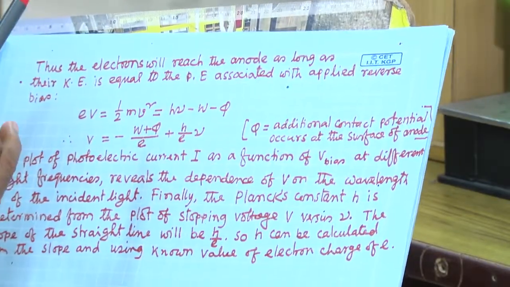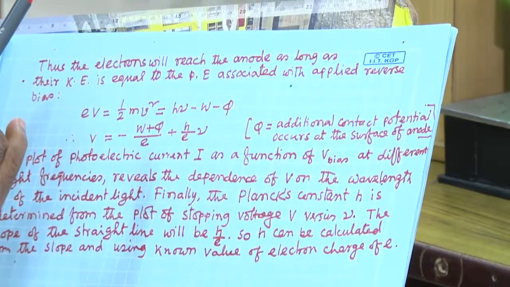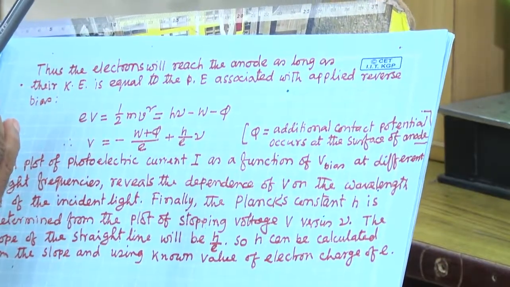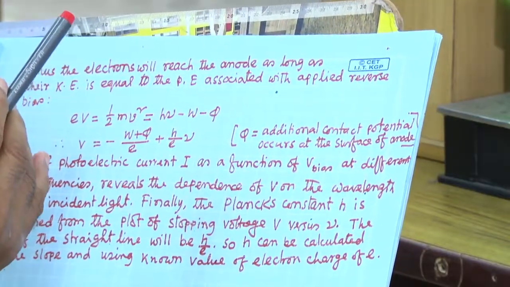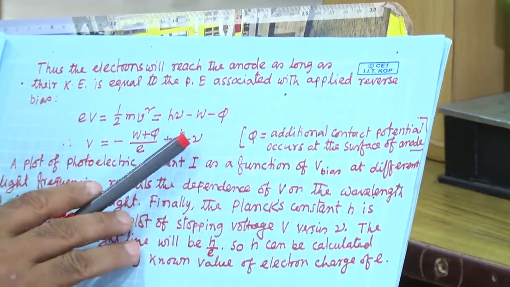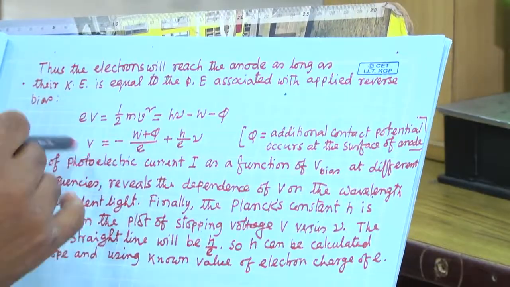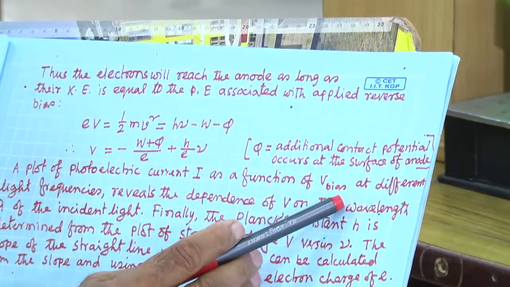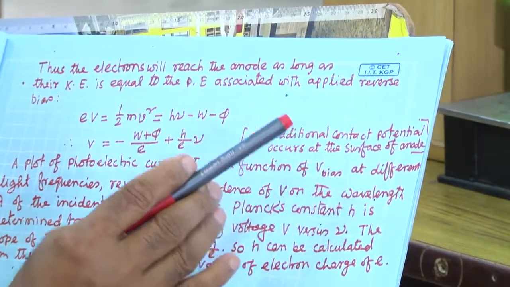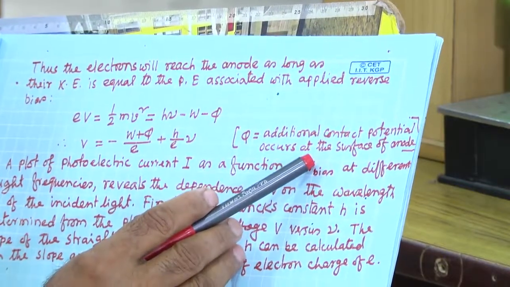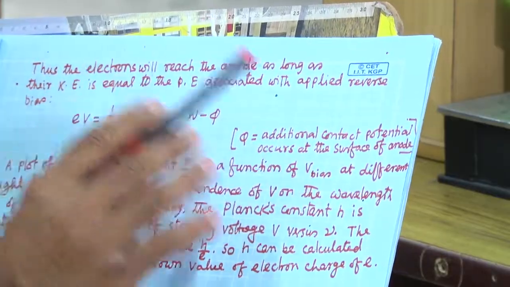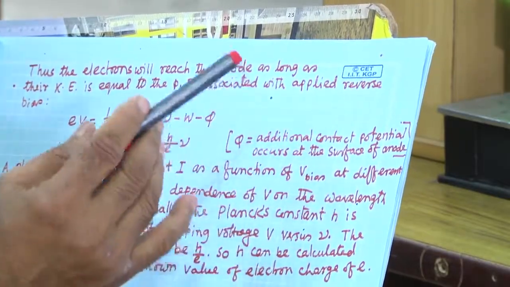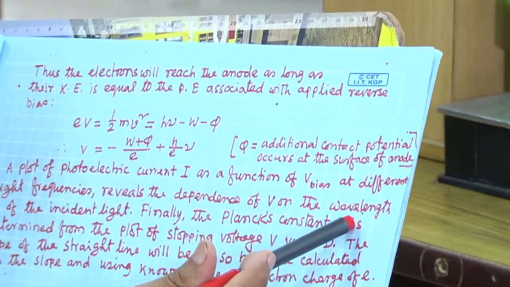So, from the metal surface an electron just cannot come out. There is a barrier. That is what we call the work function W. And when that electron falls on the anode surface, it will be in contact with the anode surface, so there will be a contact potential.